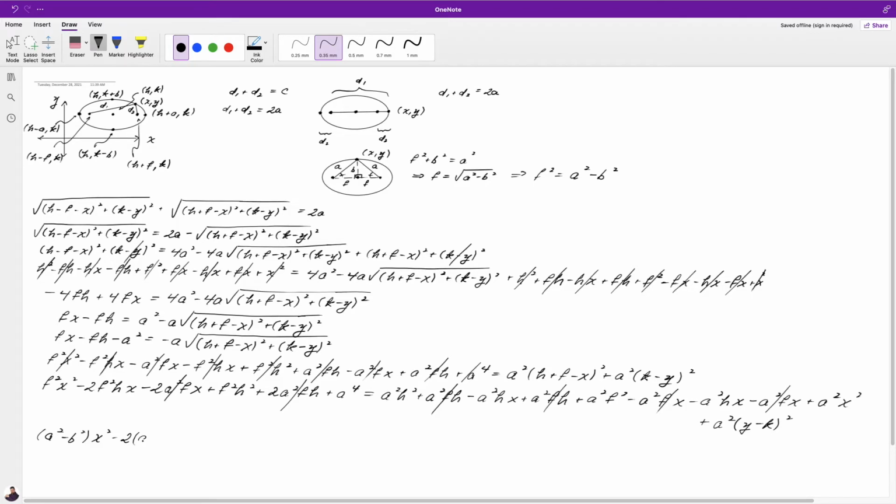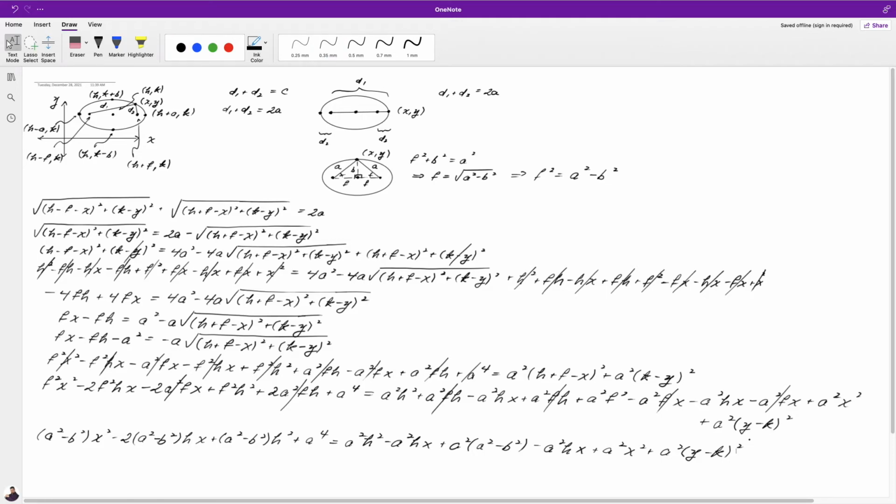And then you have a squared minus b squared hx plus a squared minus b squared times h squared plus a to the fourth, equals a squared h squared minus a squared hx plus a squared times a squared minus b squared minus a squared hx, plus a squared x squared plus a squared times the quantity y minus k all squared.